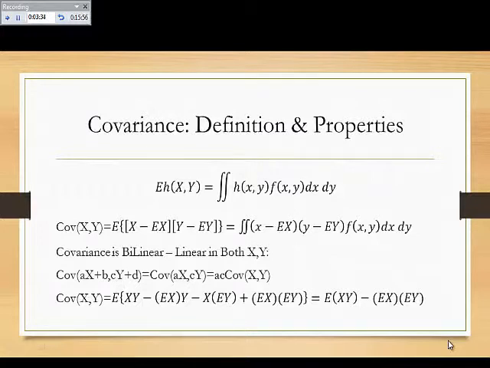Now, one operation that you can perform, which gives us a different and alternative expression for the covariance, is here. This is just to show you how to operate with the covariance function.